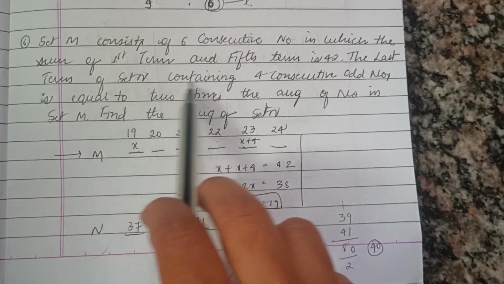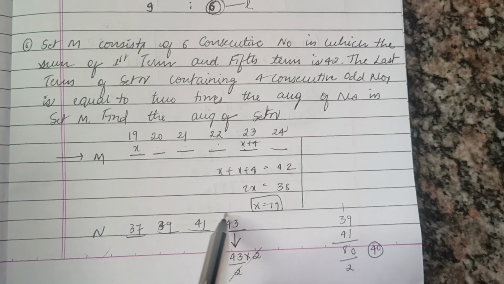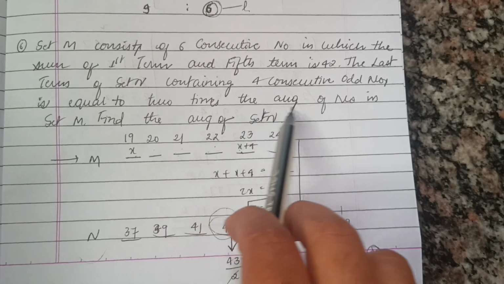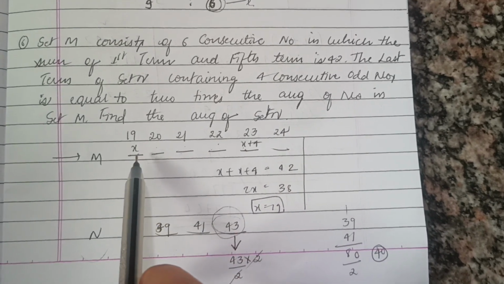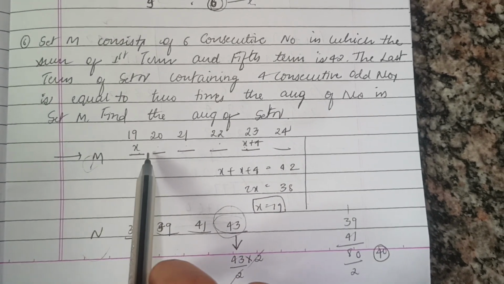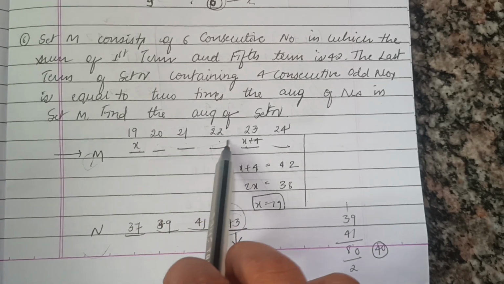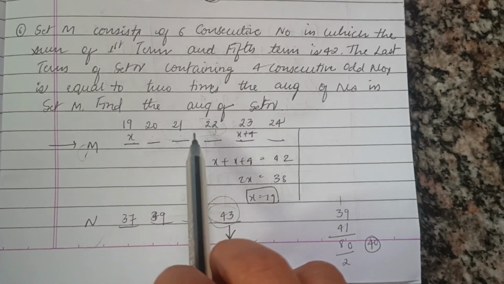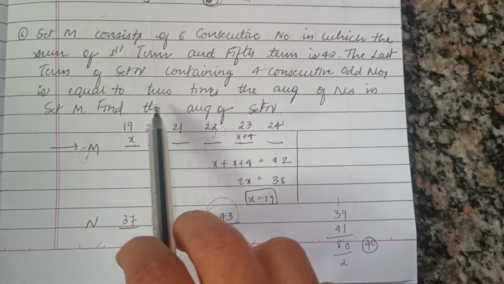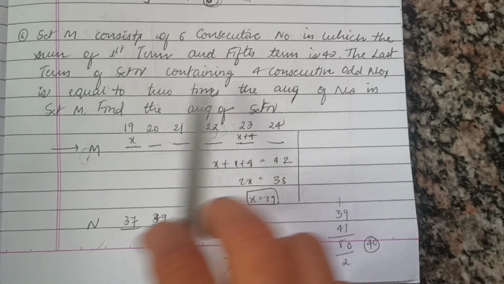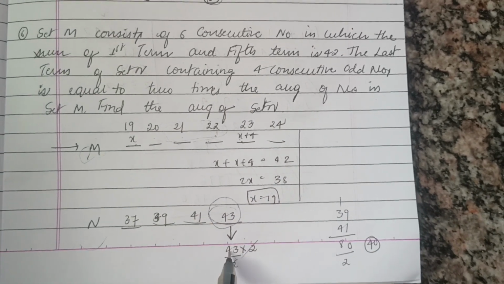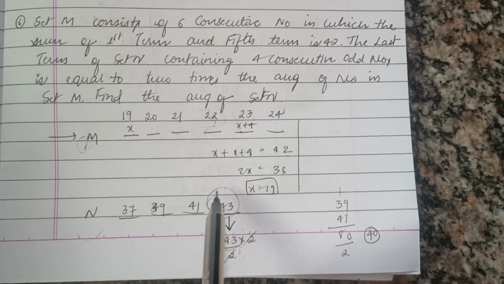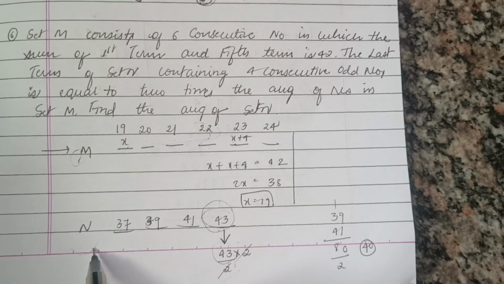The last term of set N will be equal to 2 times the average of the numbers in set M. To calculate the average of set M, these two are the terms which come in the middle, so 43 by 2 will give you the average of set M. It is 2 times the average, so if I solve this, I will get 43. So this is the last number in the series N.